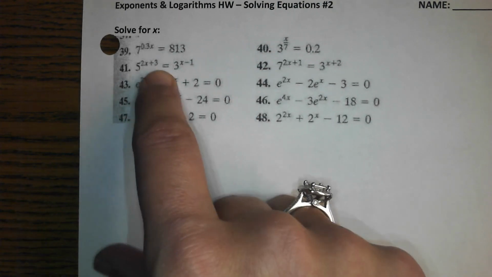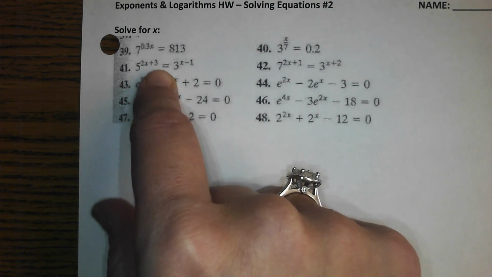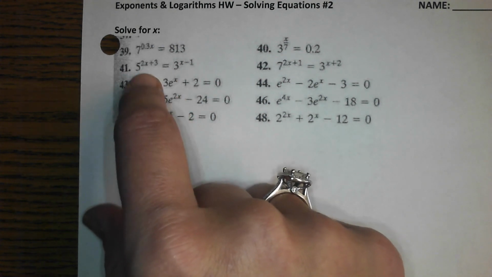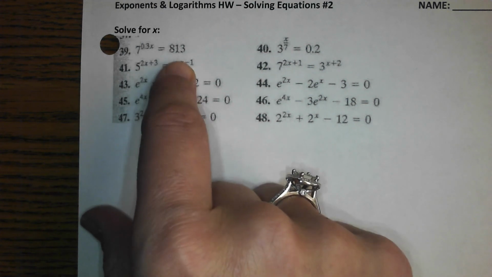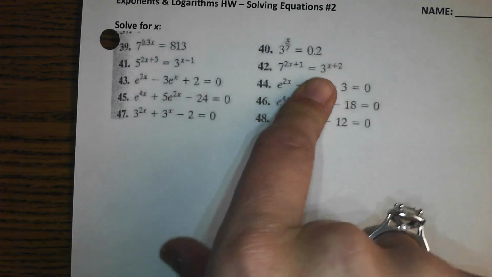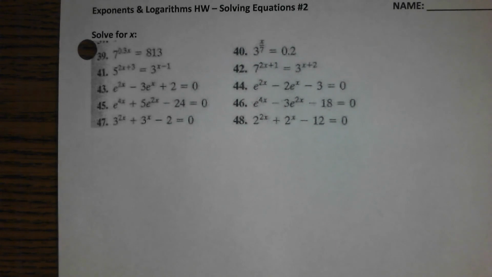And then in 41, you kind of have your choice based on the two ways I showed you. You can do the plain old log on both sides. You can do log base 5, or you could do log base 3 on both sides, depending on what you want. Same thing with 42, and then, oh, I take that back. Yeah, 43 through 48 are very quick. So 41 and 42 will take the longest.